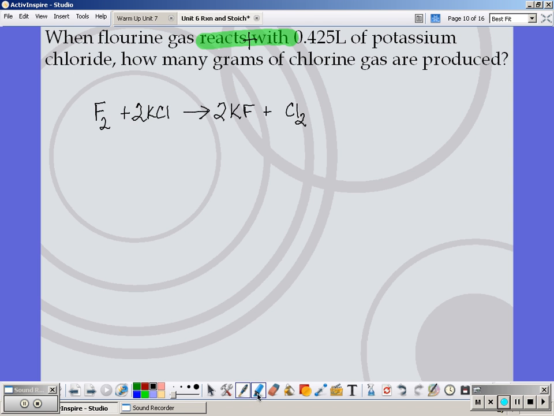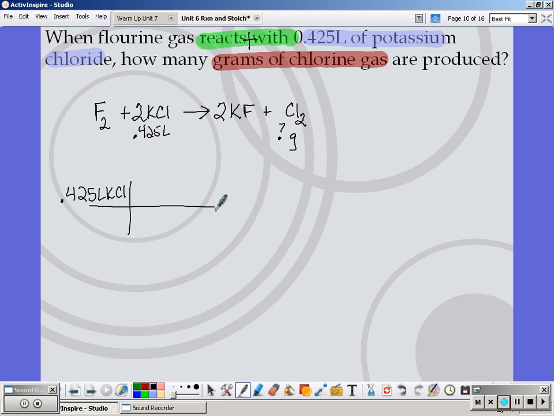0.425 liters of potassium chloride is my given, and I'm looking for grams of chlorine gas. So underneath potassium chloride, I'd put 0.425 liters, and under chlorine gas, I'd put question mark grams. First thing I want to do is convert to moles. There's 22.4 liters in 1 mole.